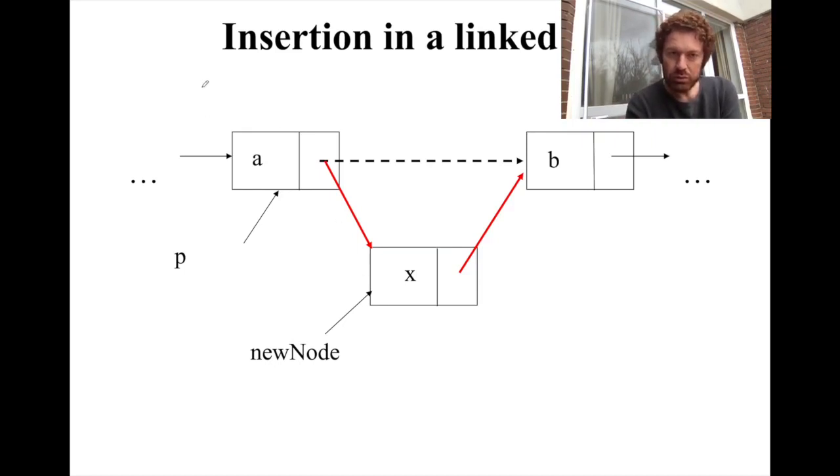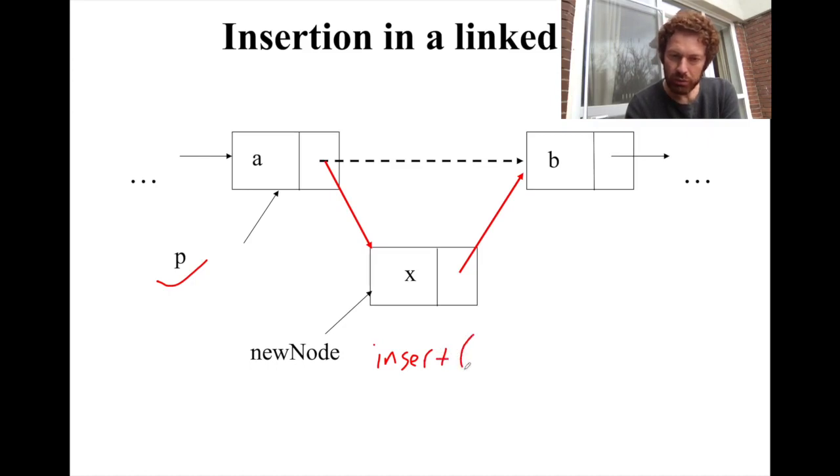So to your insert function, you expect a pointer p that points to a node after which the insertion will take place. So let me repeat, the programmer must give me these 2 pieces of information. Don't expect everything from me.